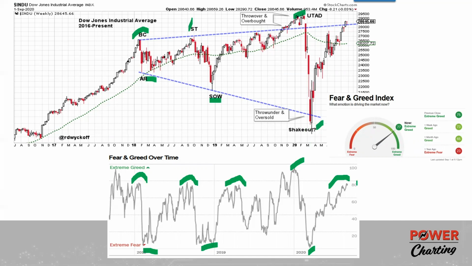But notice again that we are near 80 on the Fear and Greed Index, and we've just thrown over this important broadening trend line in the Dow, even though the S&P and the Nasdaq 100 are at new highs. So oftentimes the Dow is the interesting outlier, and we'll be watching this closely.